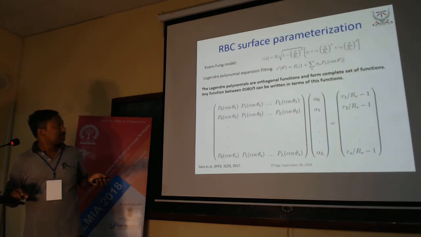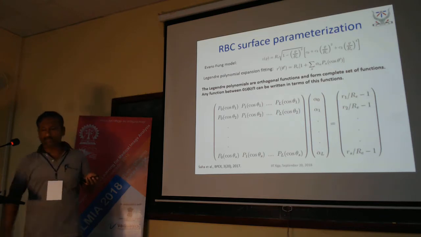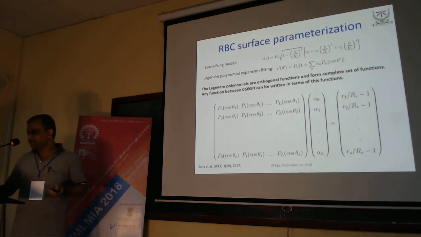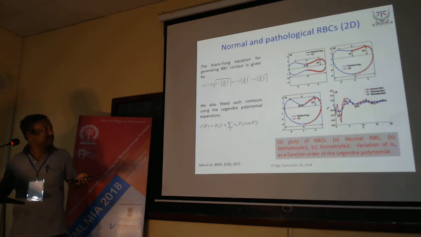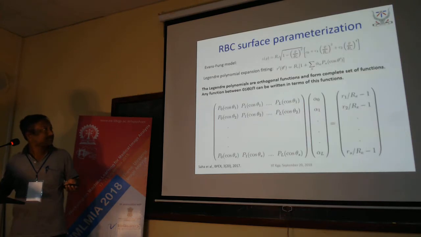So we took our capital L equal to 19. So we solved these linear equations and then we obtained our alpha values that we have plotted in the earlier slide. Here is the plot.